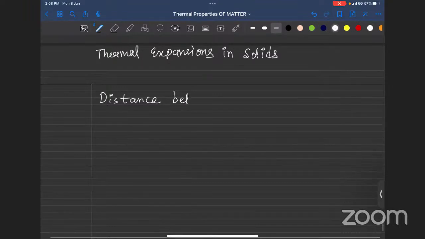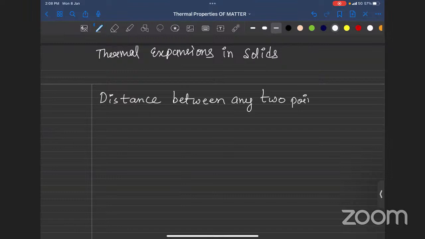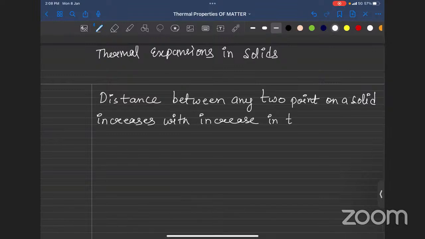Distance between any 2 points on a solid increases with increase in temperature.